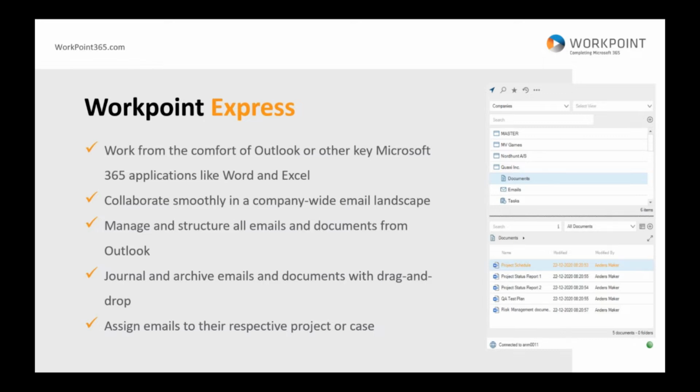In those cases, you can set it up so users are only prompted for the information that is mandatory to enter, and otherwise WorkPoint will set information on the documents or emails automatically. For us, we strive to make document management easy, and one of the ways is to only ask for the needed information.